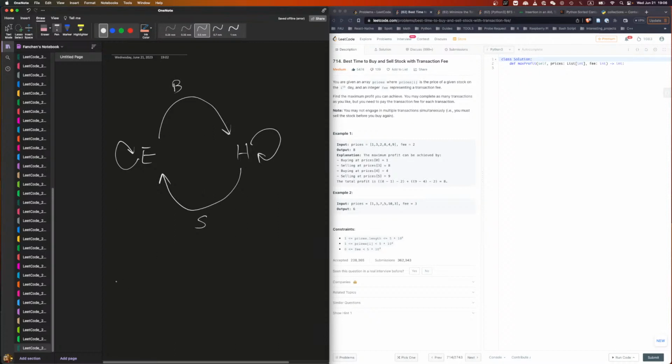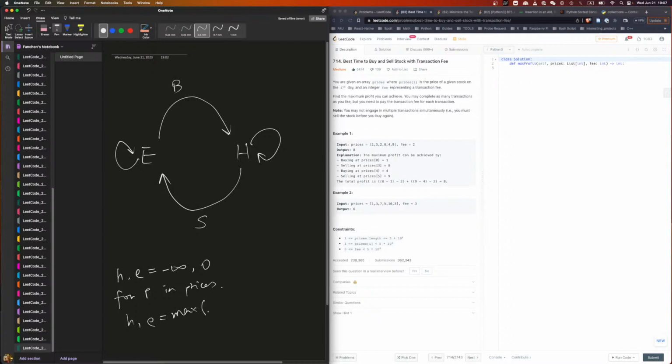So we have a holding state, empty state. I think the holding state is negative infinity because there's nothing to hold. Empty state, the profit is 0, right? And we say for price in prices, holding state, empty state shall equal, we want the maximum profit.